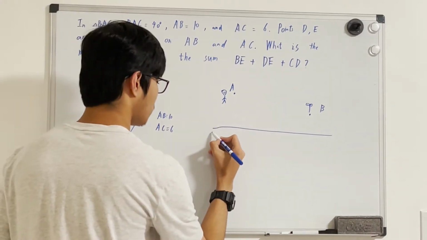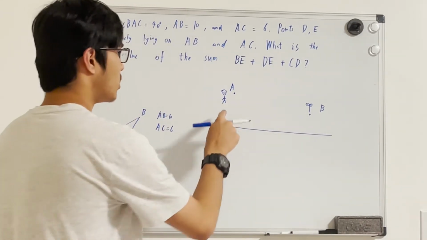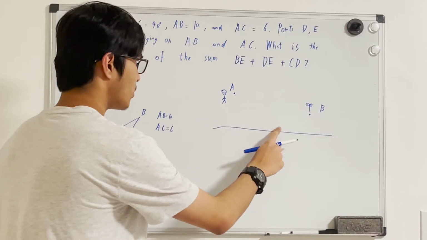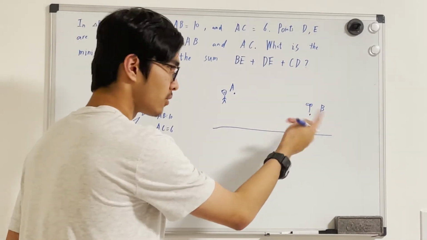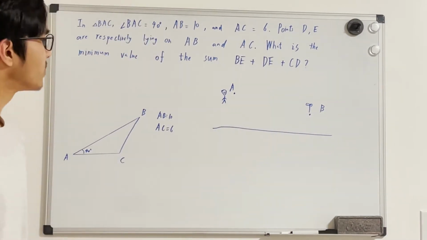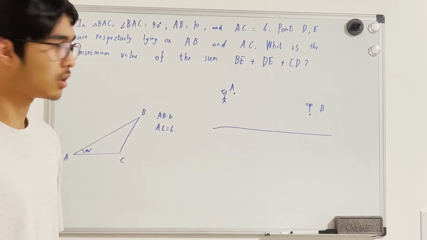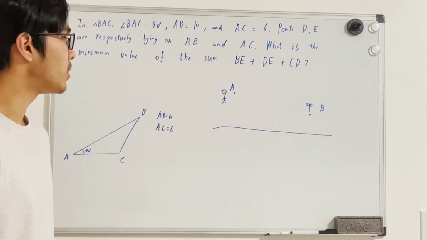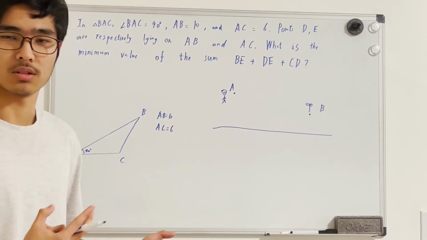Let me draw it. Okay, let's assume the line is the river. So this happy man wants to go to the river and get some water for the plant. But he wants to find the shortest distance because he's kind of exhausted. I don't know why he's still happy, but let's hope that he'll find the shortest distance.